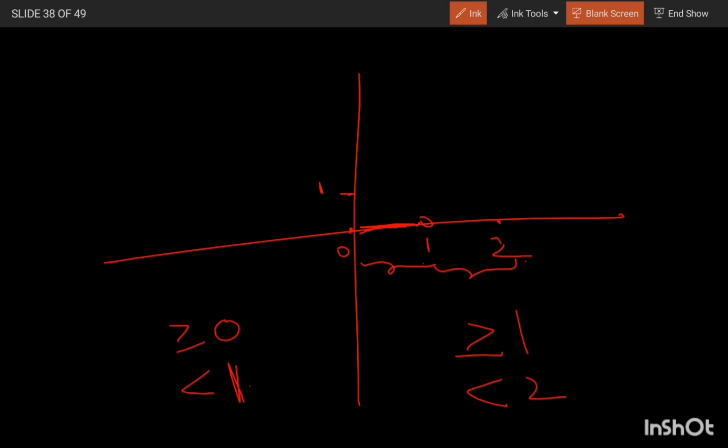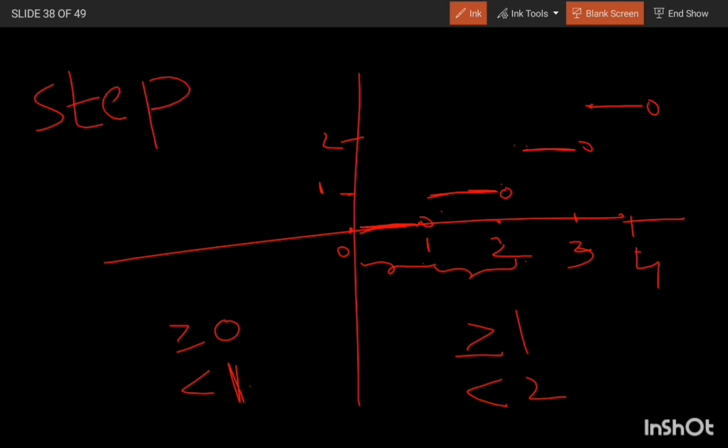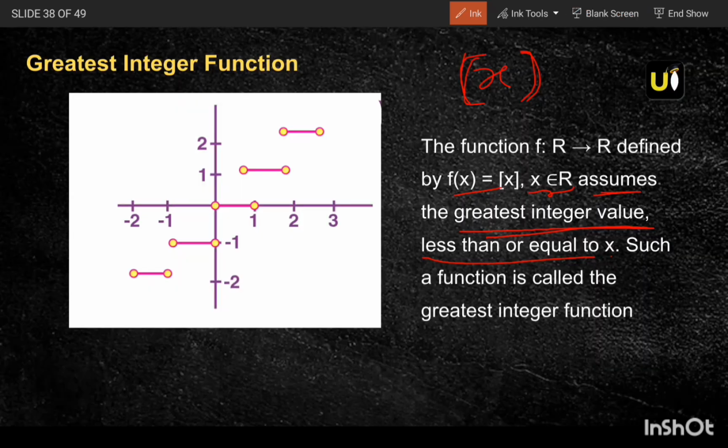So greatest integer function for all of them is 1. Similarly for 2 to 3 it's 2, for 3 to 4 it's 3. This is also known as step function, because the graph of this function looks like a staircase.